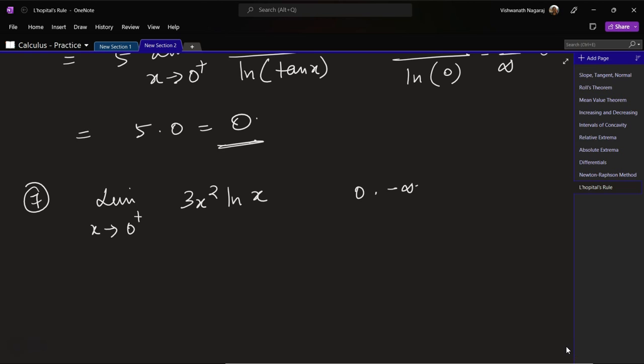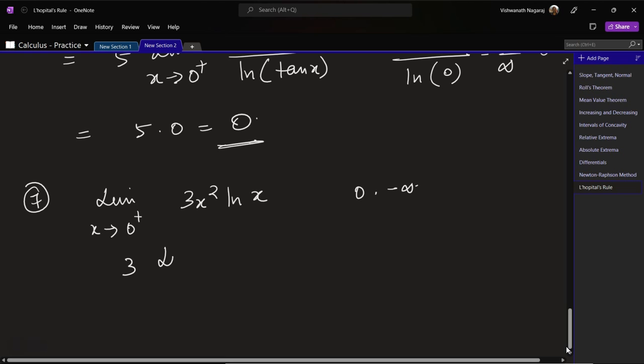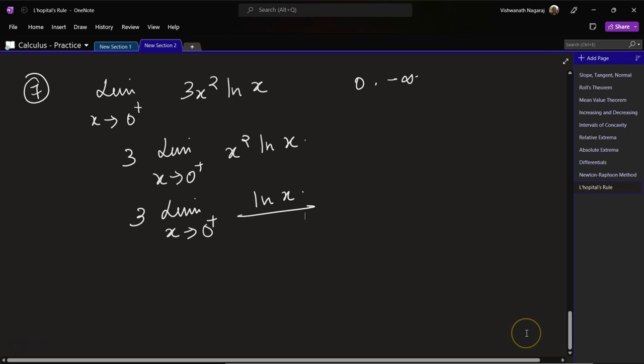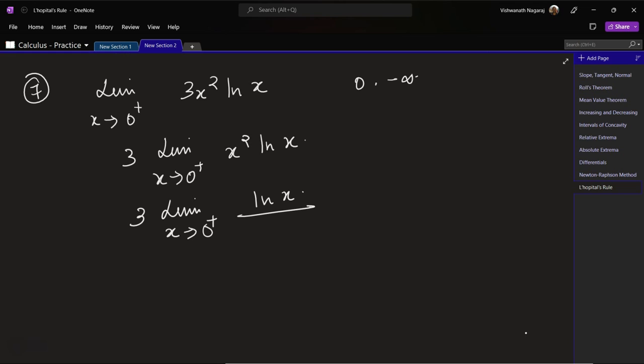So let's play around with this. What can we do in this case? First of all, let's take 3 out. So limit as x approaches 0 from the positive side of x square natural log of x. Now let's take the x square to the bottom. How do we take it to the bottom without changing the value? What we'll do is we'll take it as 1 by x square. So if you simplify this, you will get back this.